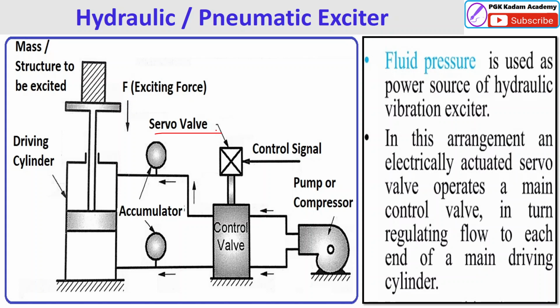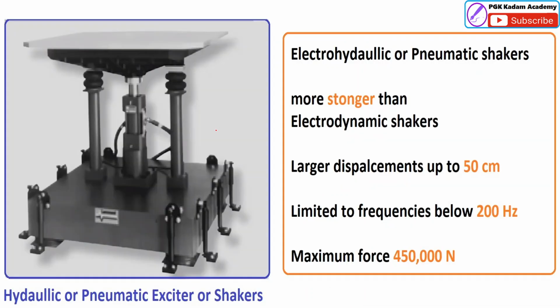The exciting force frequency is near about 4000 Hz, and you can see the maximum load here. The larger displacement is 50 centimeters, with a limited frequency below 200 Hz, and a maximum force of 450,000 Newton can be created using these hydraulic or pneumatic exciters or shakers.